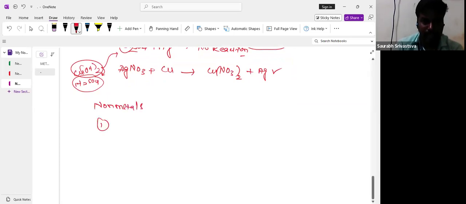First category is with oxygen, that means air. If a non-metal reacts with air, it will give non-metal oxide. Non-metal plus O2 gives non-metal oxide.